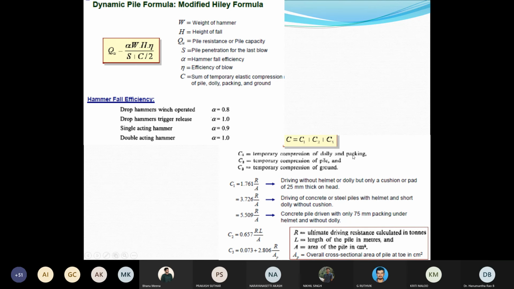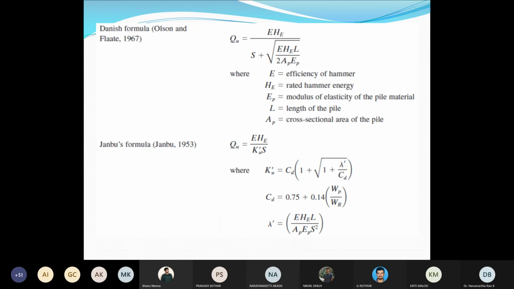This dolly and packing is placed on top of the pile top. Then on top of the dolly, the rammer applies the number of blows. Then other formulas are available, the Danish formula, then the Hiley formula. We can use any of these formulas to calculate the pile load capacity during pile driving.